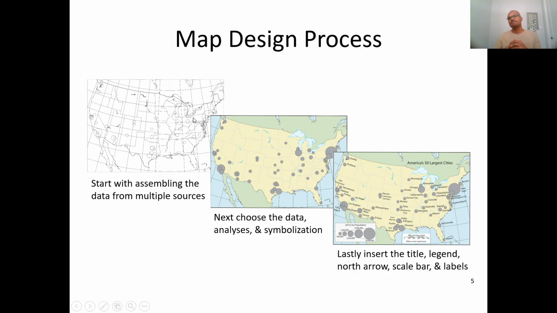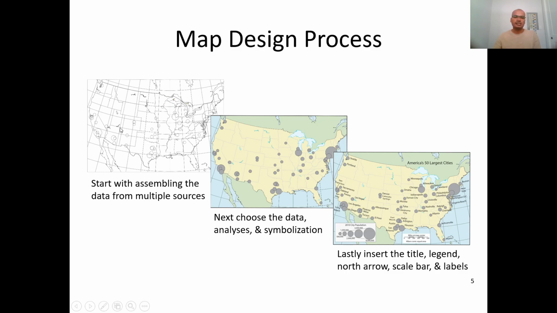And the symbolized information should be put in a proper layout with title of the map, legend, scale, arrow, source, etc. And even labels also you have to add to explain easily about the different places and different locations, different information, and you have to make it final.